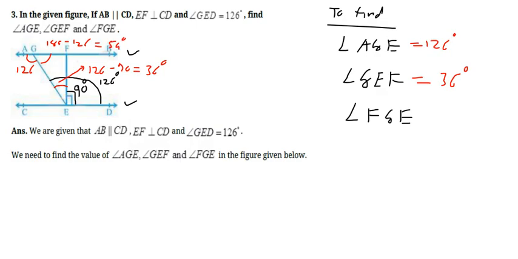So this will be 54 degrees. I hope you know the concept of linear pair. So these angles are a linear pair, right? Now suppose it is given that one is 126, how will we find this angle? 180 minus 126, like this. So this is how the logic works, and this is how we found all the angles.